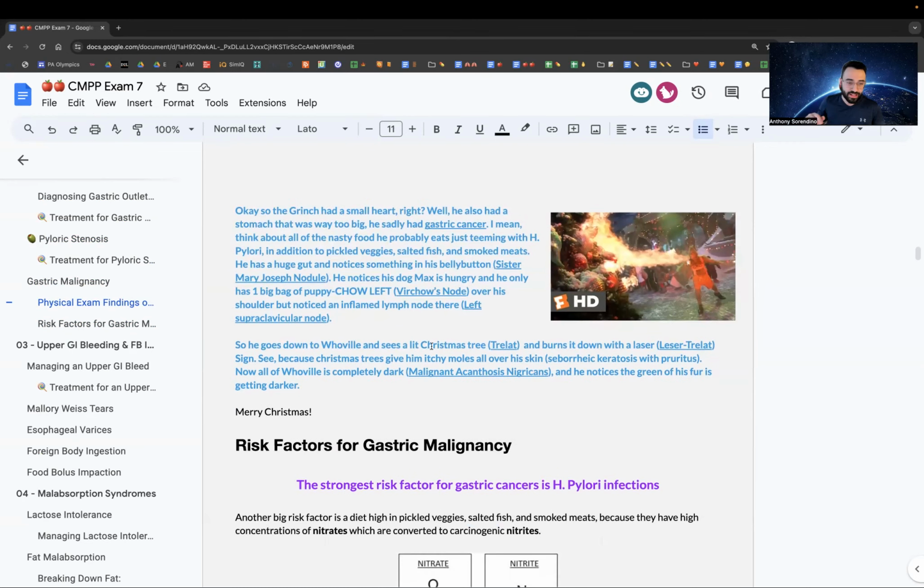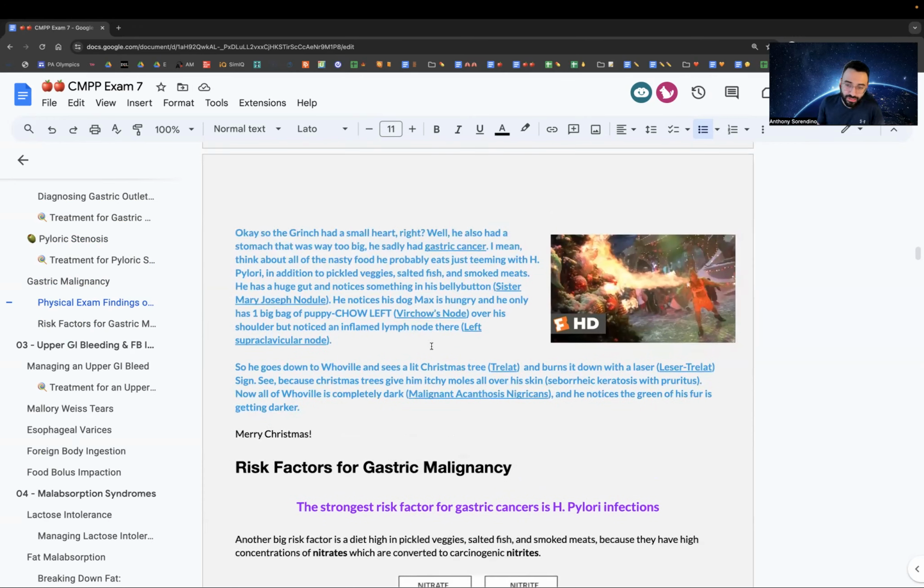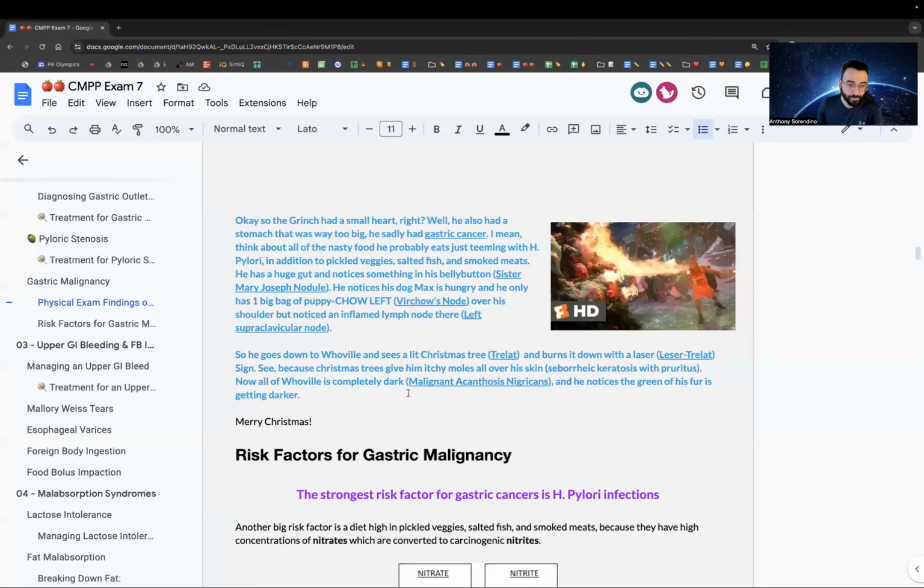Okay. Then he goes down to Whoville and he sees a lit Christmas tree, lit tree-lat, as it's the Leser-Trélat, and he burns it down with a laser. So that's Leser-Trélat. See, because the Christmas tree gives him itchy moles all over his skin. That's that seborrheic keratosis with pruritus. Now, all of Whoville is completely dark. So the Christmas tree's out.